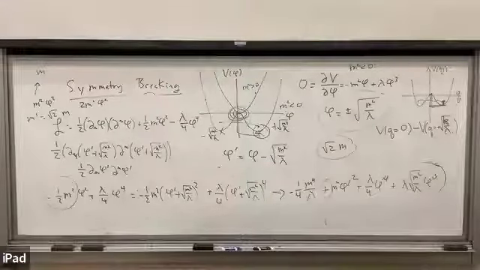A lot of what I'm getting here is from Anthony Zee's book. There are two books, Ryder and Zee's book. Zee's book is like beauty, but it's really short on calculations.